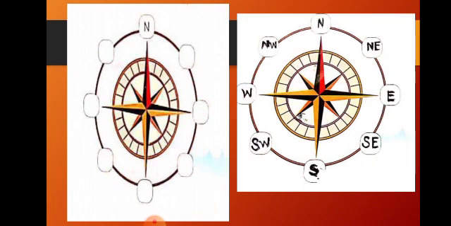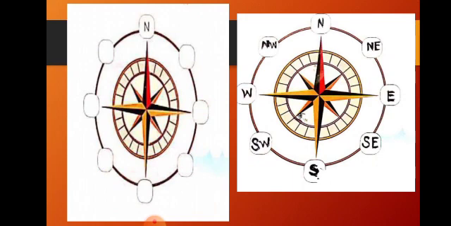Okay, now N is for north, which is already filled in the picture. Opposite to it, mark S, that is south. Then on the left side, mark W, that is west, and just opposite to it, east, that is E. Now, the sun always rises in the east and sets in the west direction.